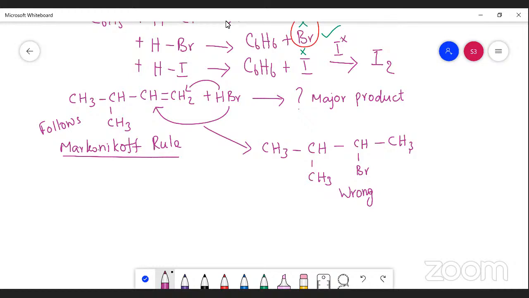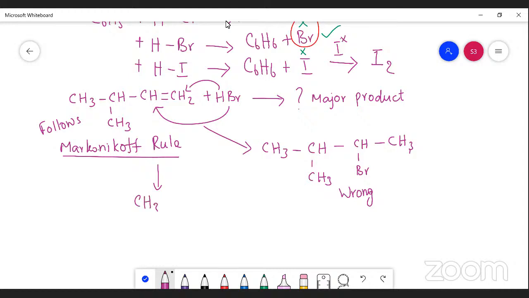Here we are getting that carbocation, the primary and the secondary. So the secondary carbocation is formed. What is the secondary carbocation?